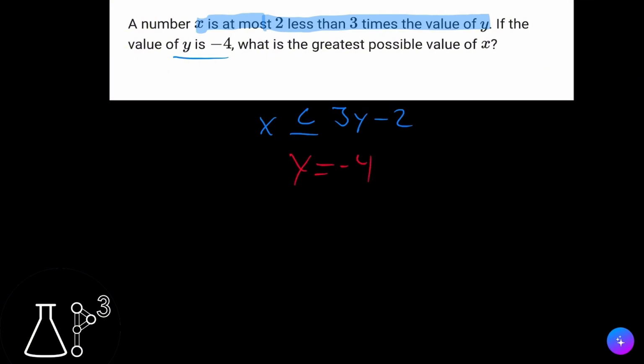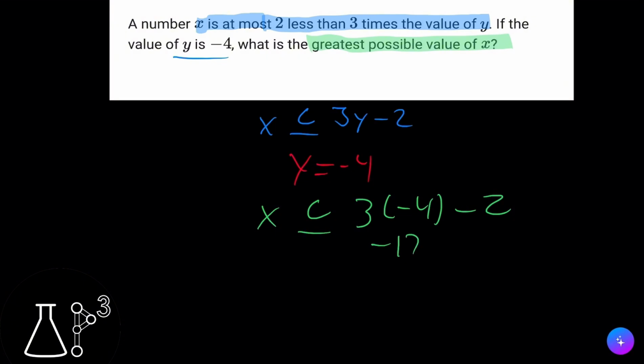And they're asking us for the greatest value of x. So what we would like to do is plug -4 into the inequality and solve for the greatest value of x. We can write that as x is less than or equal to 3 multiplied by -4 minus 2, and 3 multiplied by -4 equals -12, minus 2.